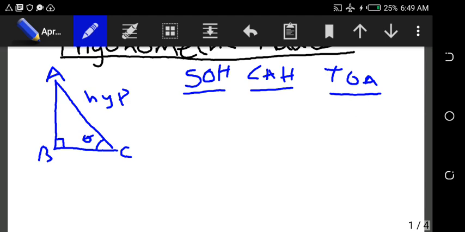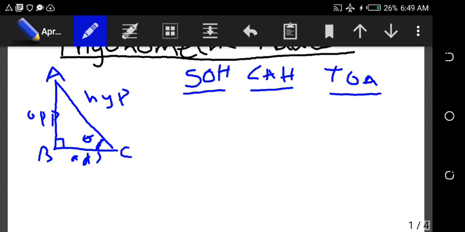In other words, since our angle is here, the side that is facing this angle is this side. Therefore, that side is what will be referred to as the opposite. And of course the remaining side, which is close to the angle, is adjacent. Adjacent means near, so this will be the adjacent side.